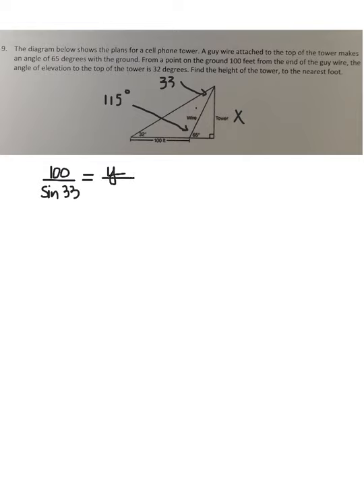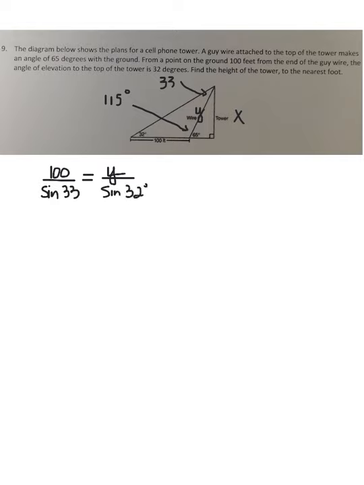Now, when I say y, I'm talking about this side right here. Always use the shared side between these two triangles, okay? Because, again, this shared side is a side on both of those triangles. All right, so then the angle opposite that is 32. So we're going to write the sine of 32.